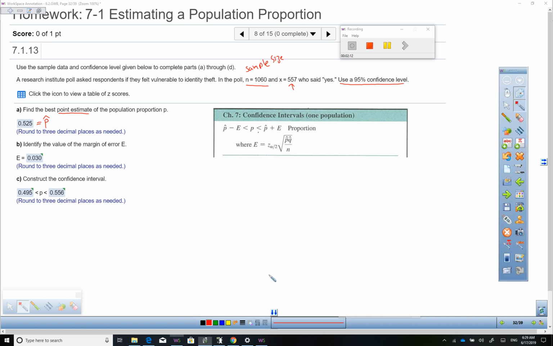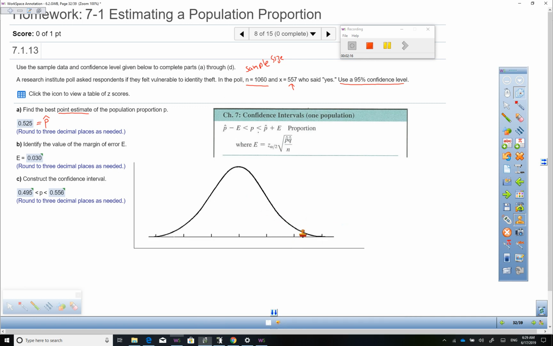To find that critical value, let me show you this. We need to find, first of all, alpha. Alpha is obtained by doing 1 minus the confidence level. The confidence level is 95%, so it will be 0.95, so that is 0.05.